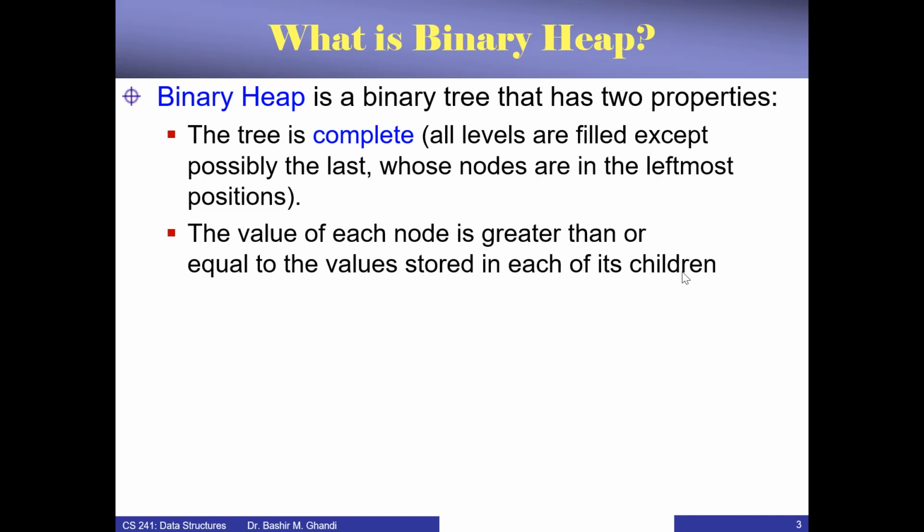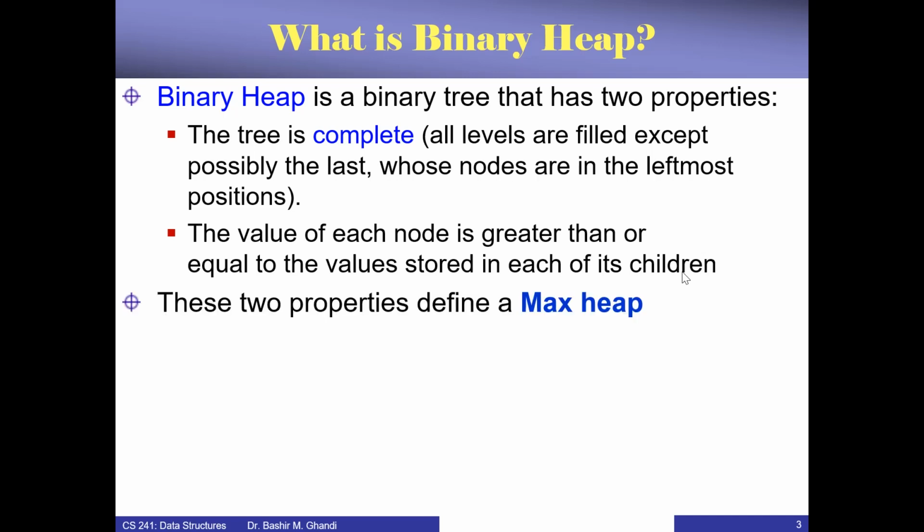However, there are actually two types of binary heap: max heap and min heap. The one we just defined above, especially concerning the second property, where we say the node must be greater or equal to the two children, is actually what is called max heap.